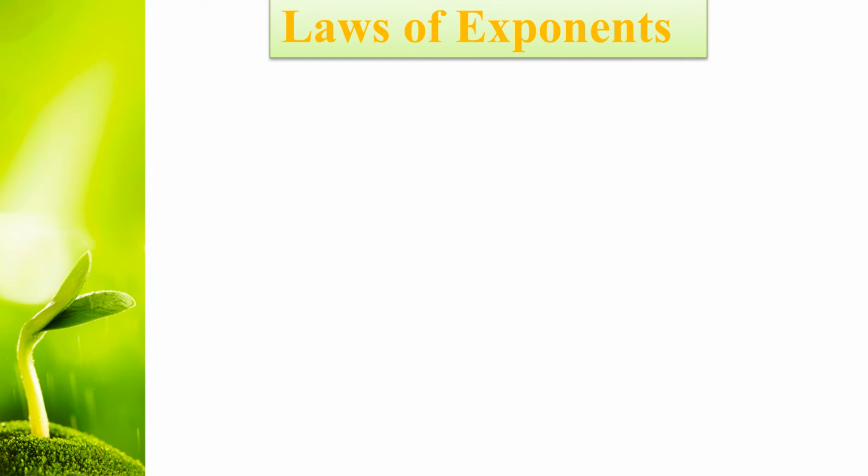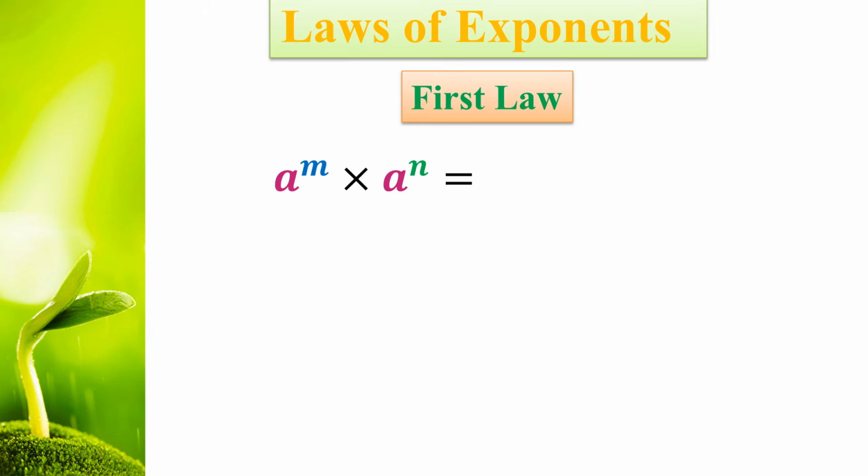In previous class, we have learnt about natural numbers as exponents and also laws of exponents. In this session, we shall revise what we have learned, the laws of exponents with integral powers. Let's see the first law. a to the power m into a to the power n equals a to the power m plus n.